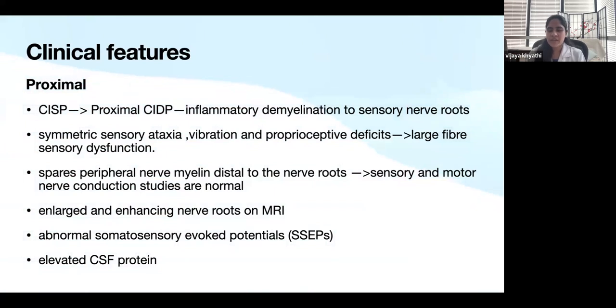This type can be diagnosed on MRI by showing enlarged and enhancing nerve roots, abnormal somatosensory evoked potentials, and elevated CSF protein.